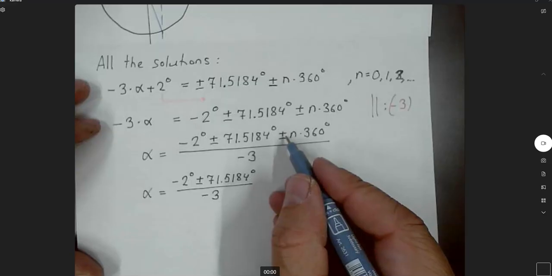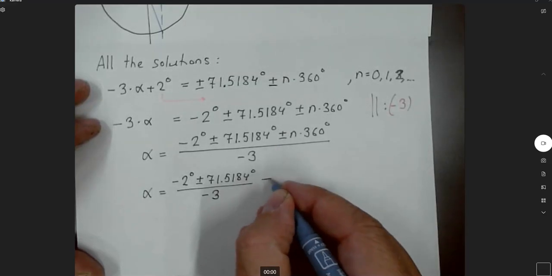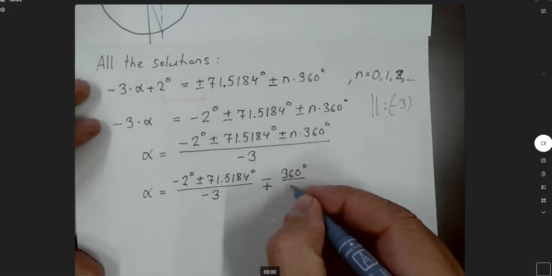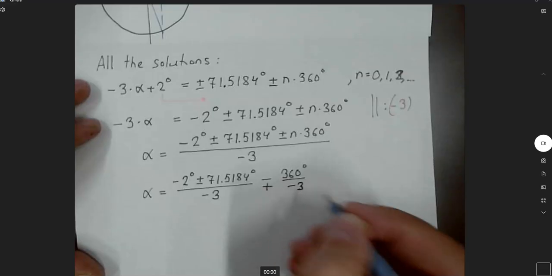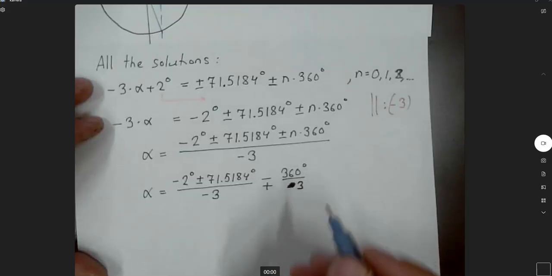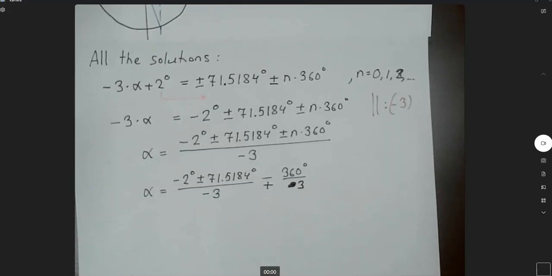We will write minus plus there, and then 360 degrees divided by minus 3. Sorry, we have divided by minus already, because we changed the places of those signs.